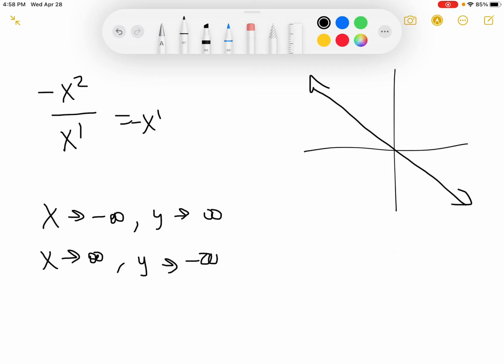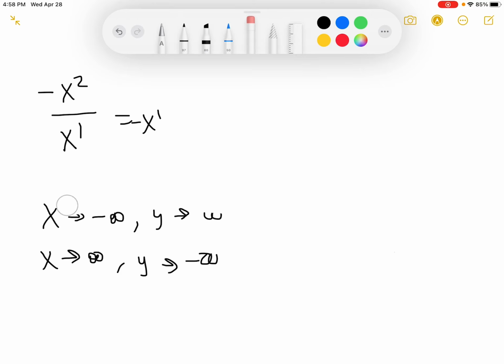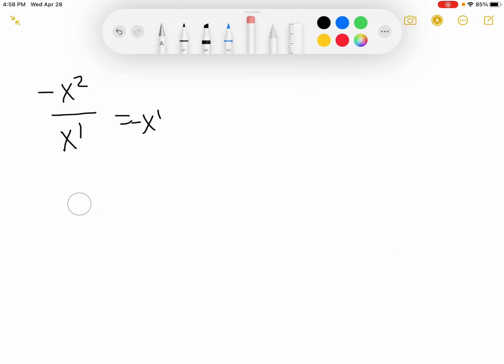As x goes to negative infinity, y goes to positive infinity. And as x goes to infinity, y goes to negative infinity. So that's how you can see end behavior of polynomials. Or sorry, well, that is polynomials, but also rational functions.